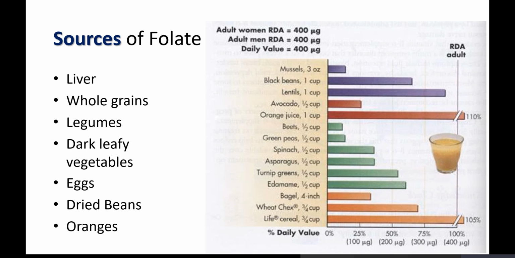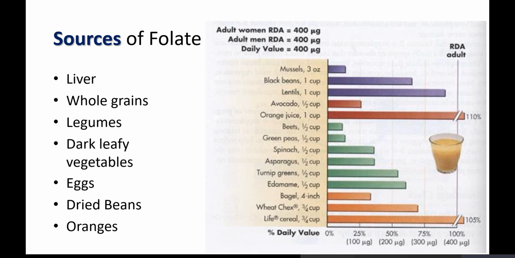Milk is rather a poor source of folic acid, not a very good source. If you look at this graph, cereals are a very good source. If you take whole cereal, almost 3/4 cup consumption results in more than 100 percent of the recommended daily allowance.